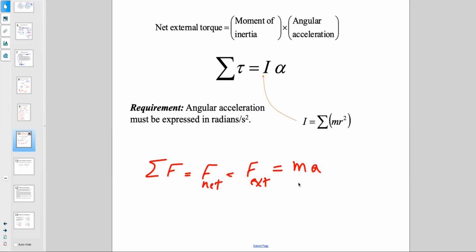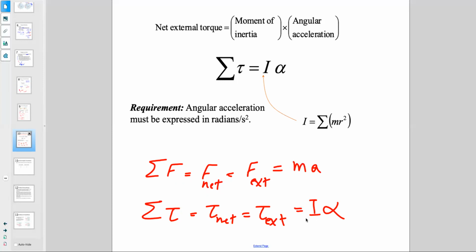This is the exact same analogy. I have sigma tau, or tau of net, or tau of external, is I alpha. A is a linear acceleration, alpha is rotational acceleration. M is just the mass of the object.